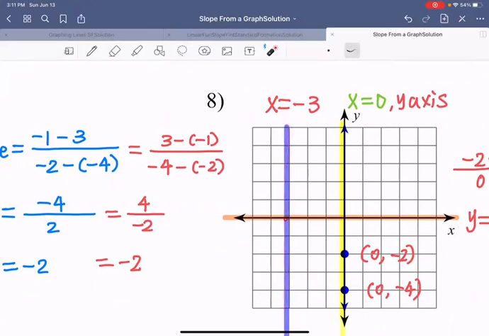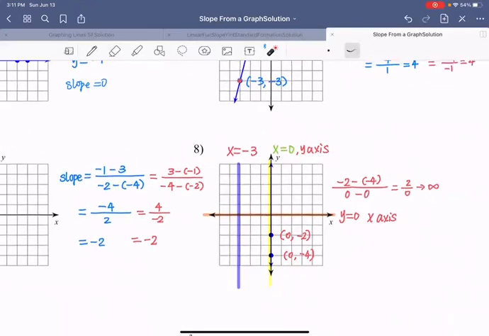So the rise, for example, from this point to this point, the rise is 3. But how much is the run? In the horizontal direction, you didn't run. This is 0. So this is 3/0, which is undefined, okay? The vertical line slope is always undefined.